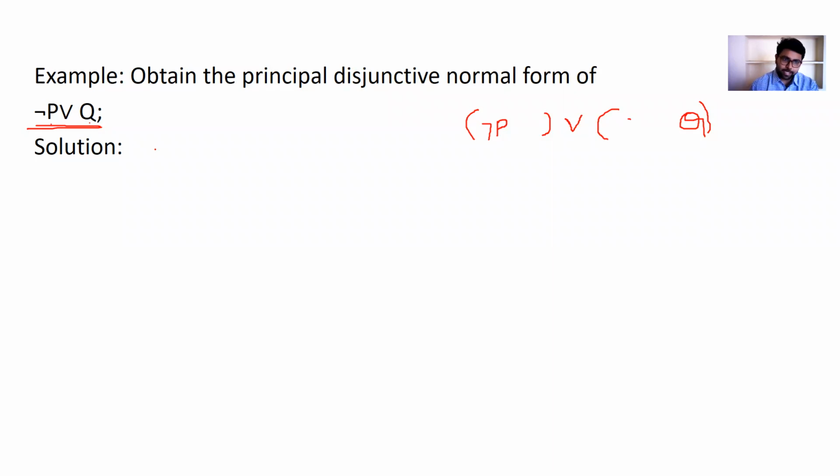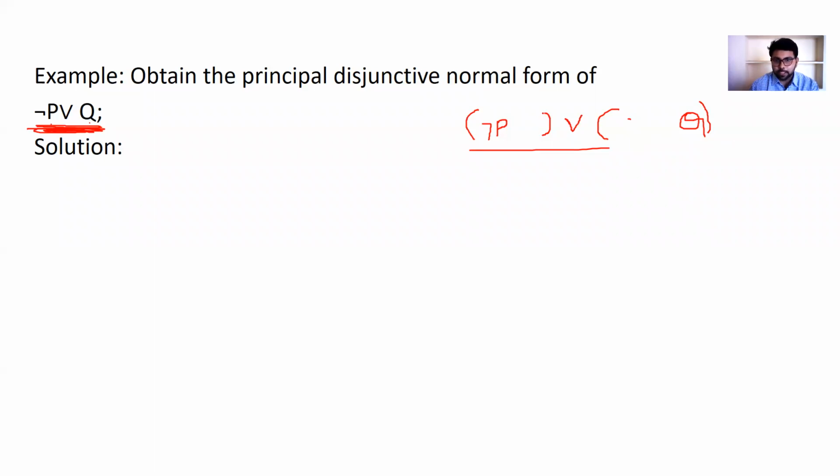In the second step, you need to identify whether the formula is in the sum of product form or in the product of sum form. This will be in a sum of product form. So I'm going to write like this.